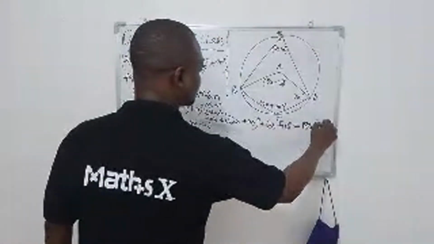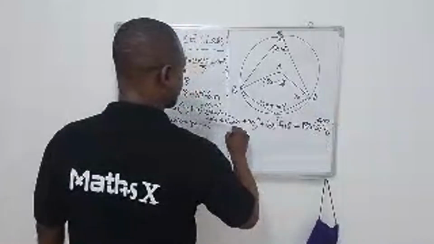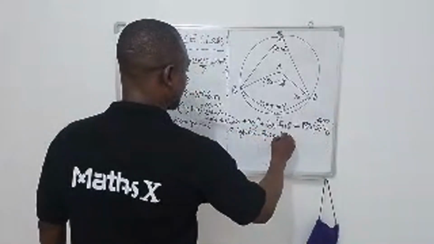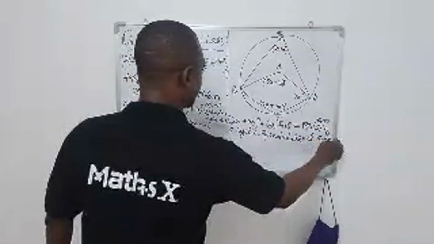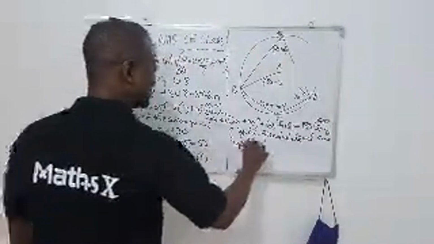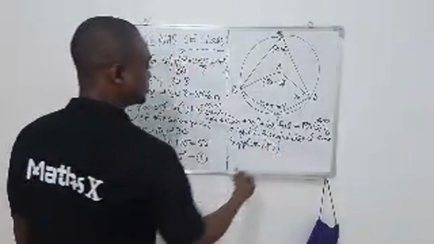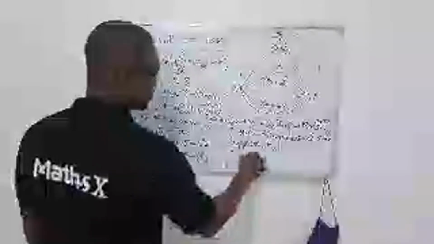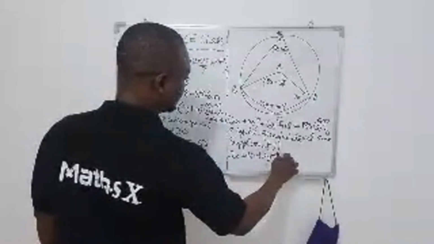Reason: opposite angles of a cyclic quadrilateral are supplementary. So that 2x plus 40 plus 2y plus 10 is 180.